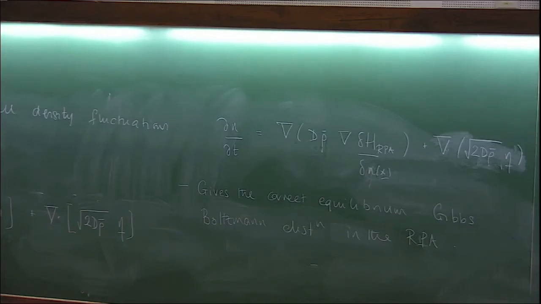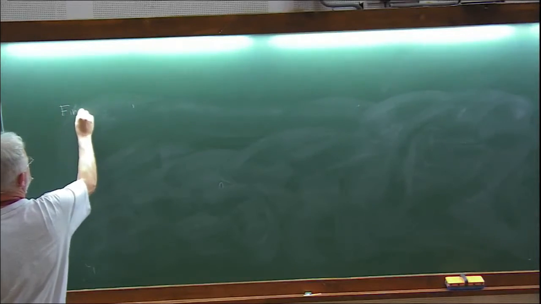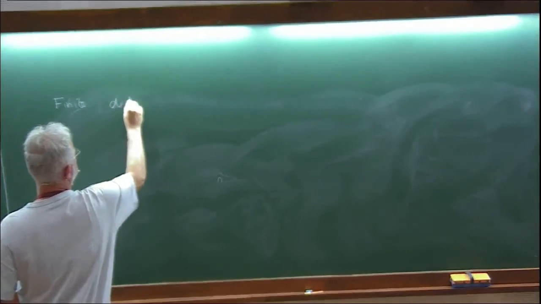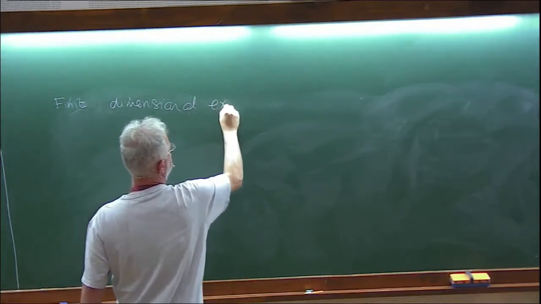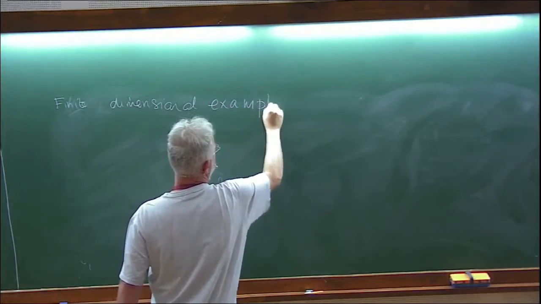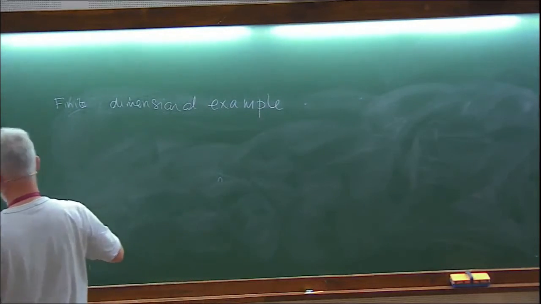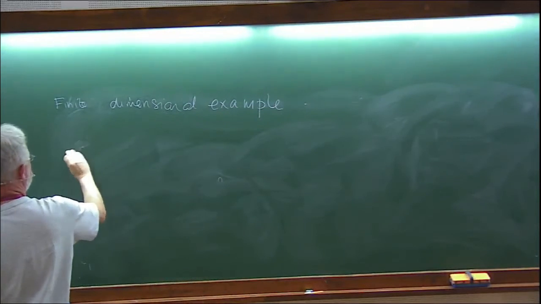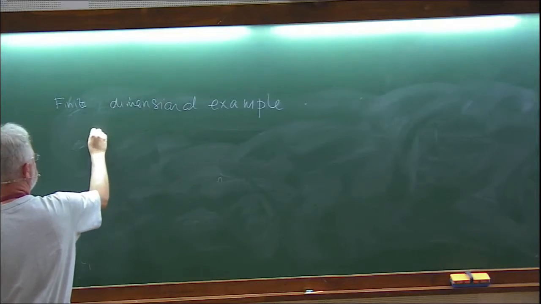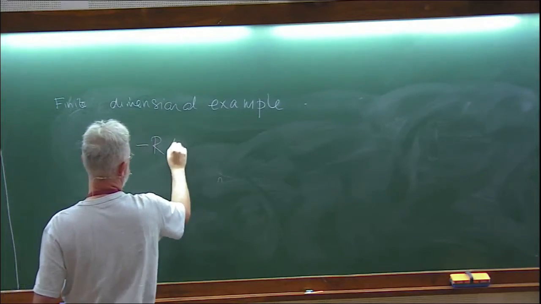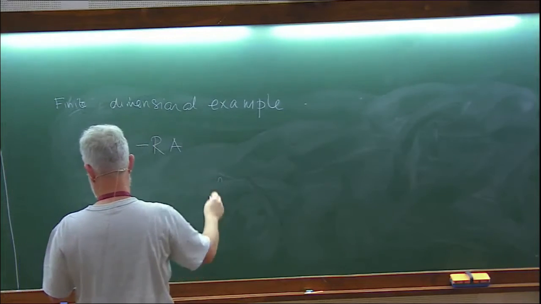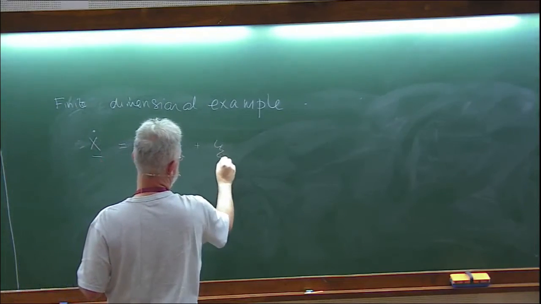So if I look at a sort of example, a finite dimensional example, let's just write down the equation of motion. So I write down something like x dot is equal to minus R A x plus a noise.